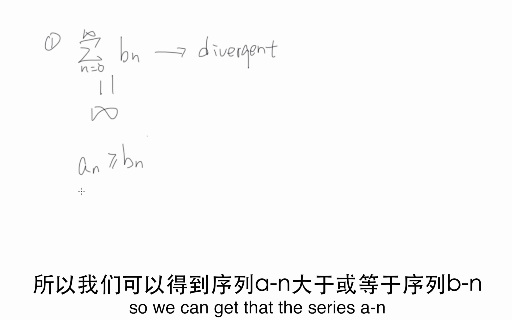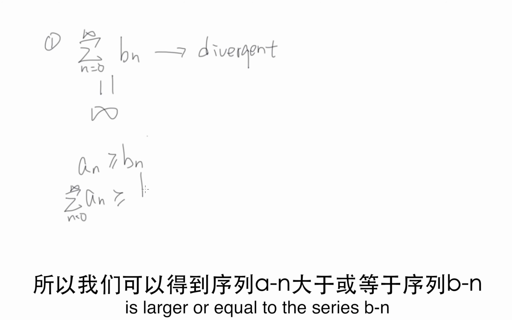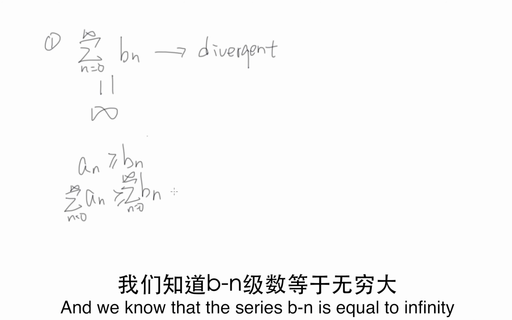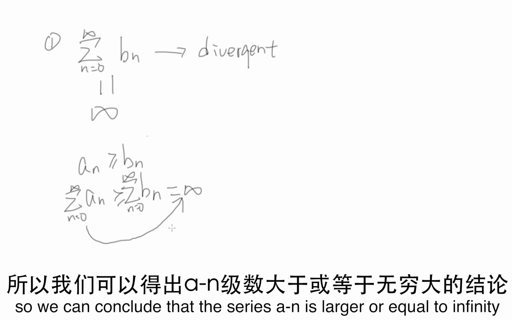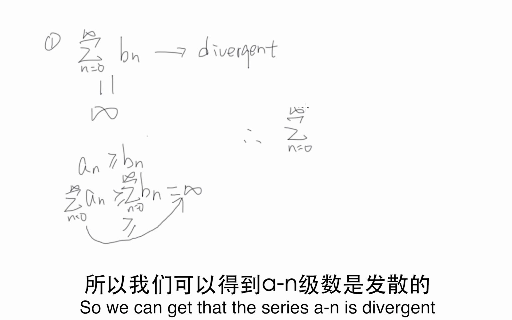So we can get that the series an is larger or equal to the series bn. And we know that the series bn equals infinity, so we can conclude that the series an is larger or equal to infinity. So we can get that the series an is divergent.